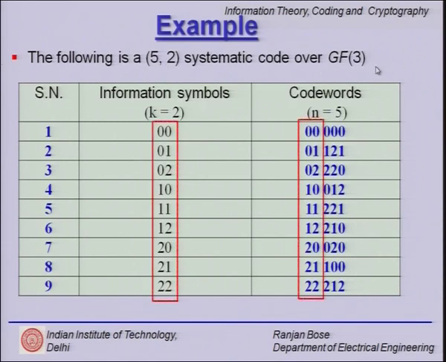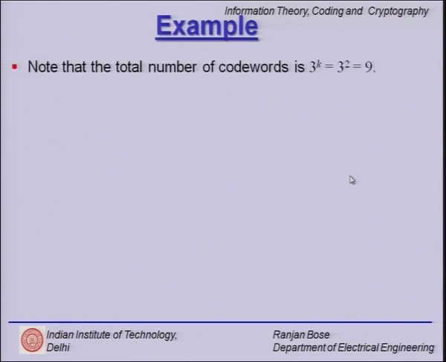If you do a careful observation, you will notice that the first 2, why 2? k is equal to 2. So, the first k elements of the code word are the same as the uncoded symbols, and the remainder are the parity n minus k, where n minus k, 5 minus 2, is 3 in this case. So, why did we have the total number of code words as 9? Well, you will have q raised to the power k, q is equal to 3 because GFQ is GF3 here, and k is 2.